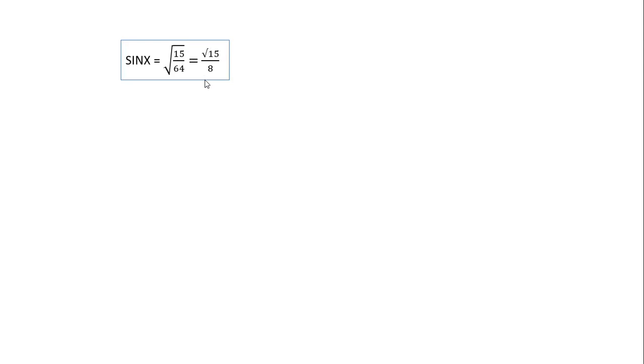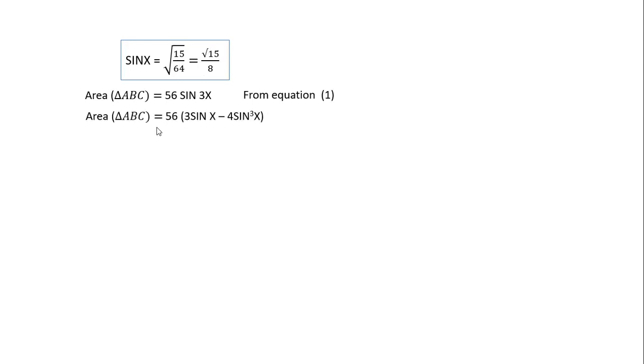Now, let's go back to finding the area of the triangle. The area of the triangle is equal to 56 sine 3x, which we got from equation 1. Sine 3x can be written as 3 sine x minus 4 sine cube x. This is an identity.